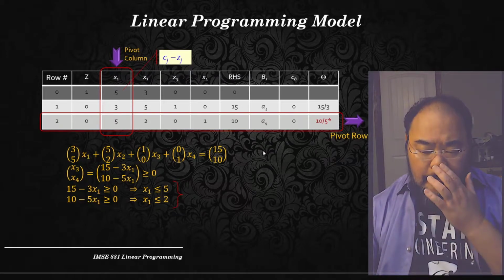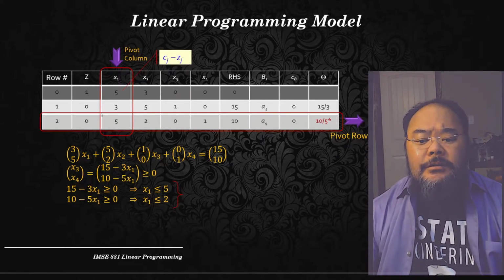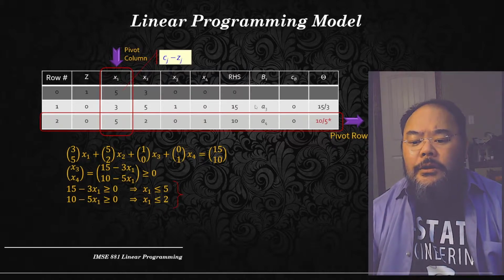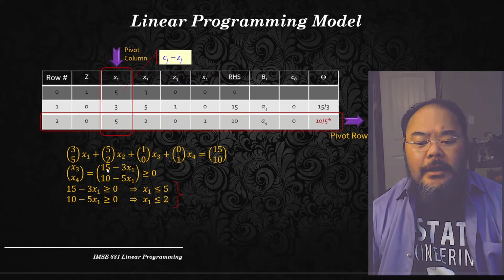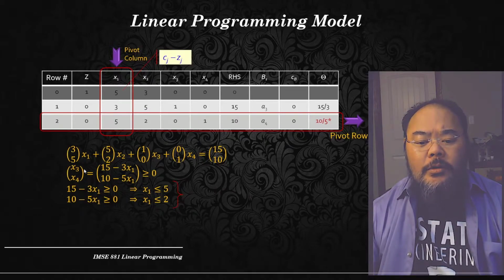So we can set up the equivalent system. Here we have 3 times x1, 5 times x2, 1 times x3, 0 times x4 equals the right hand side 15, and 5 times x1, 1 times x2, 0 times x3, 1 times x4 equals 10. Using x3 and x4 as the current basic variables, we move x1 and x2 to the right hand side of the equation.